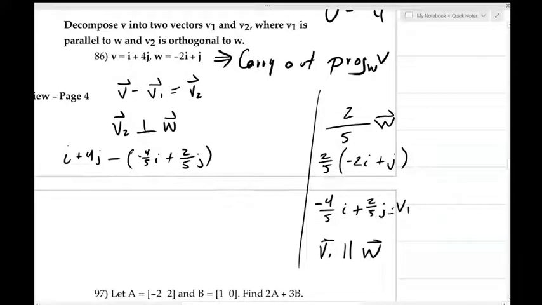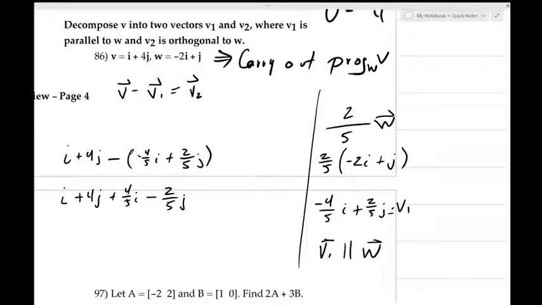Okay, so we'll have i plus 4j plus 4/5 i minus 2/5 j. That was V minus V1. Okay, so once we have that, we can combine like terms.